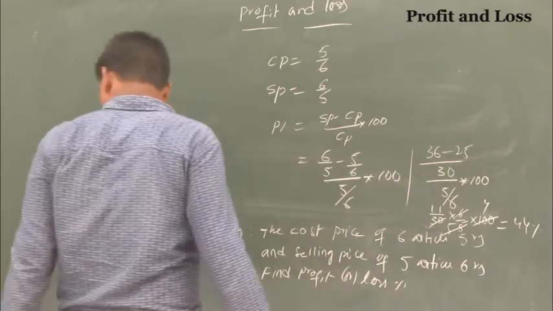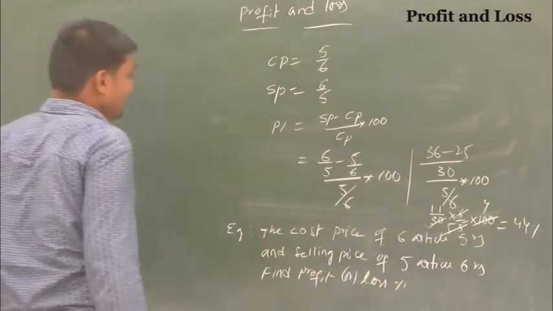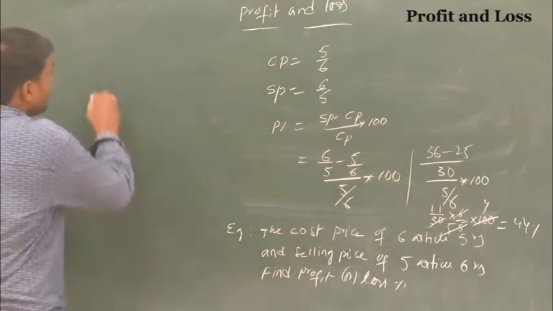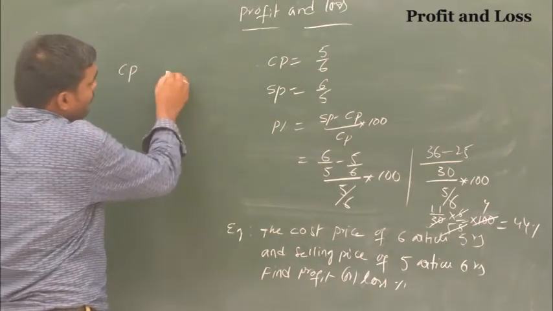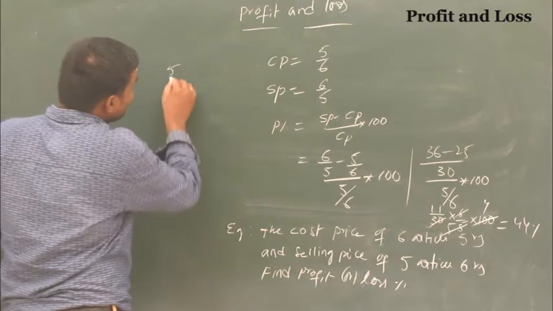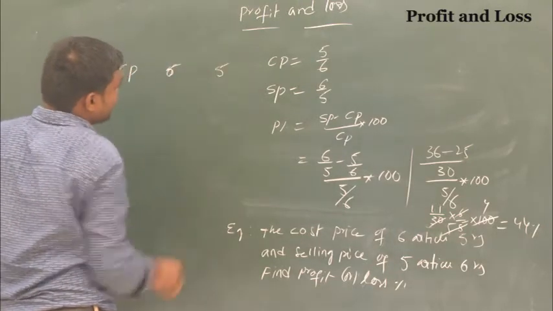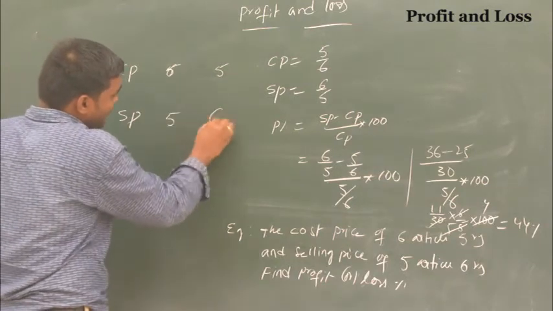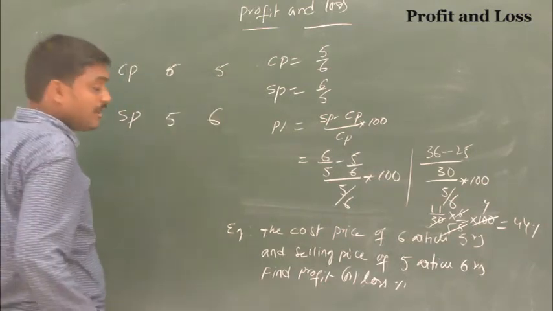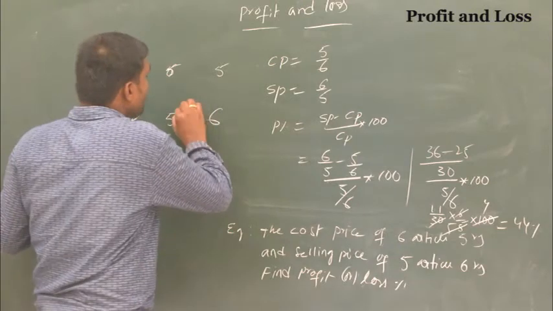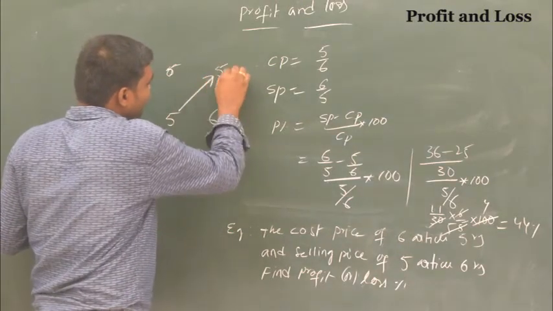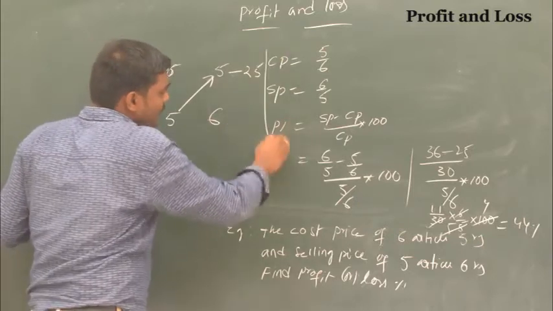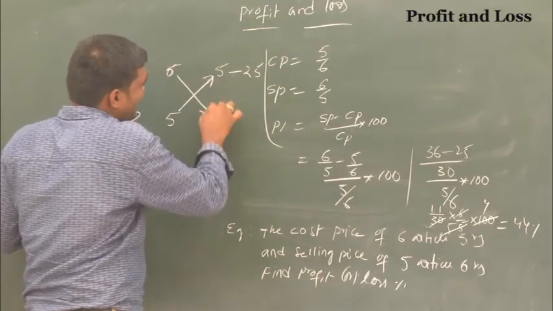Another shortcut: the cost price of 6 articles is 5 rupees, and the selling price of 5 articles is 6 rupees.